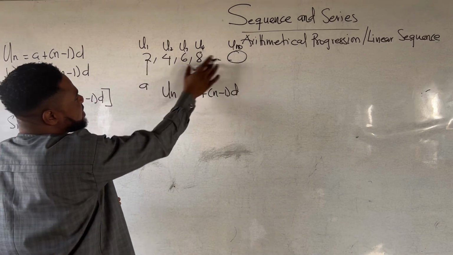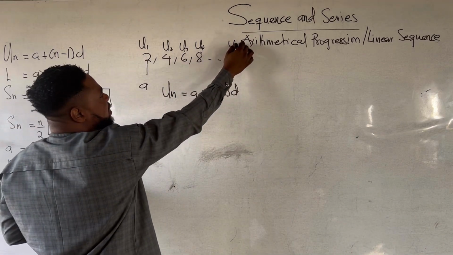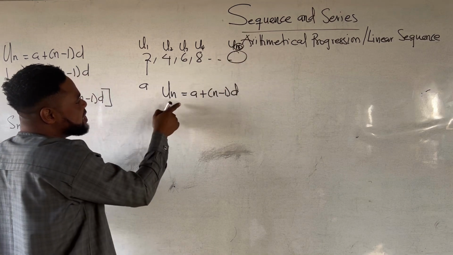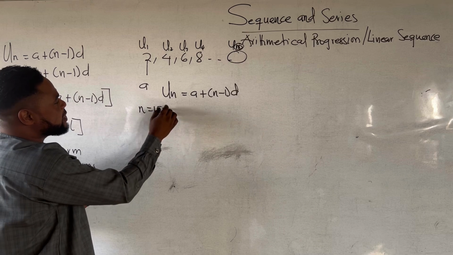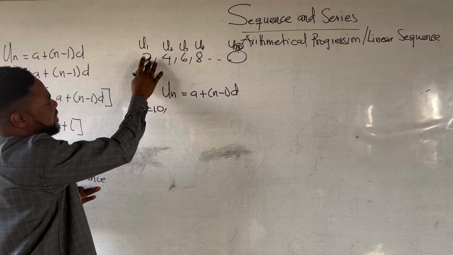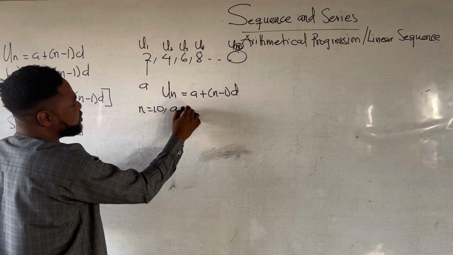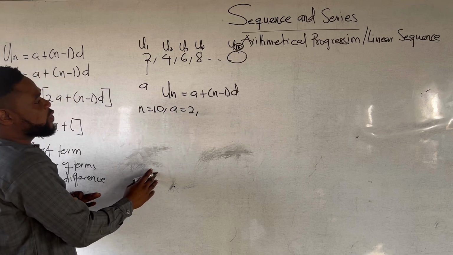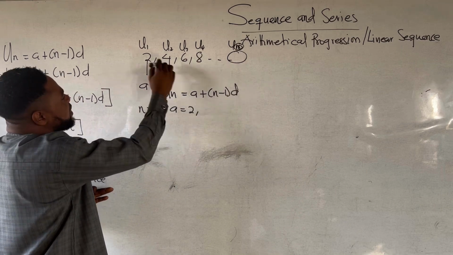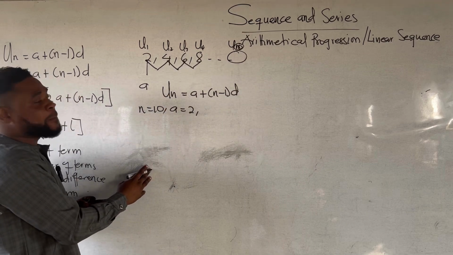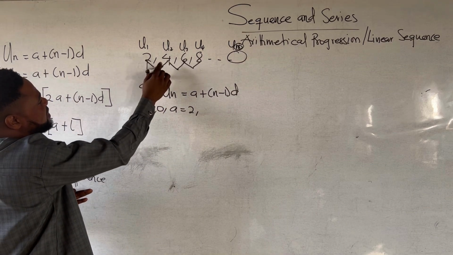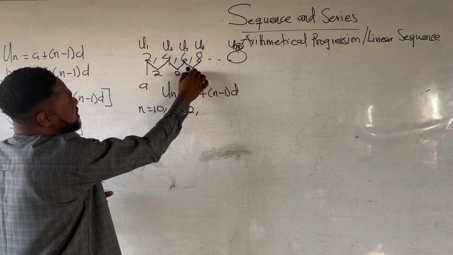So with these numbers given, where I'm looking for the 10th number, it means that in the formula, our n will be 10, and our 2 here will be our a, so a will be 2. And we go for the common difference. The common difference is the difference between this set of numbers.